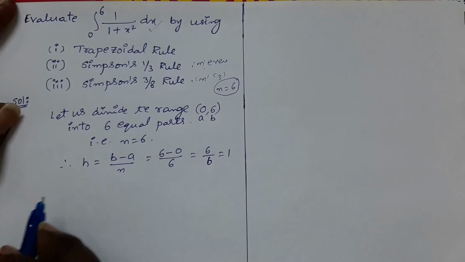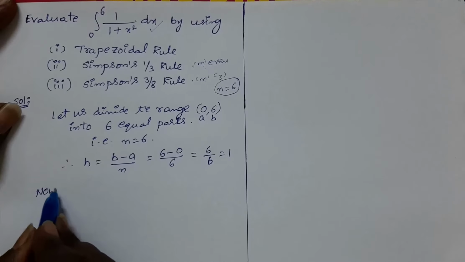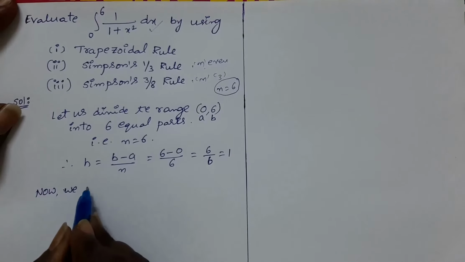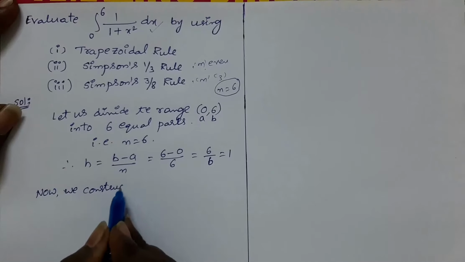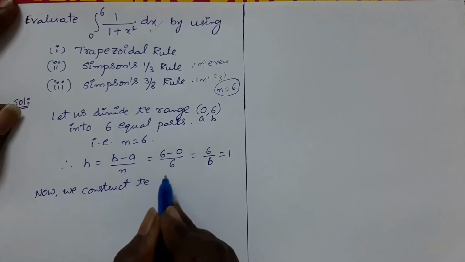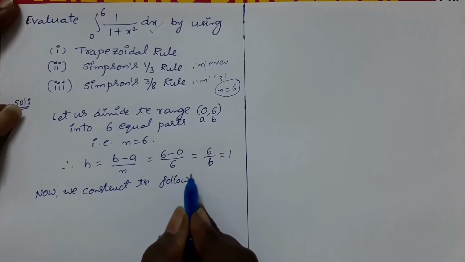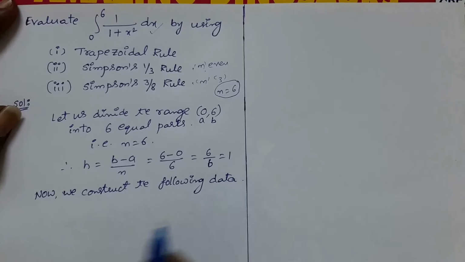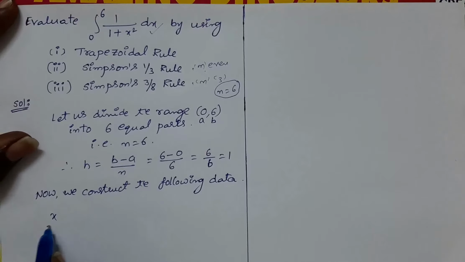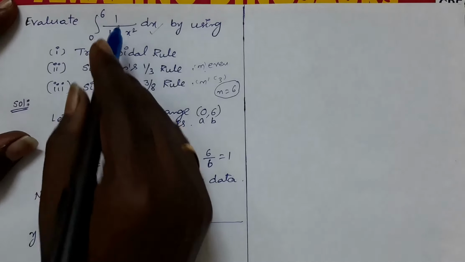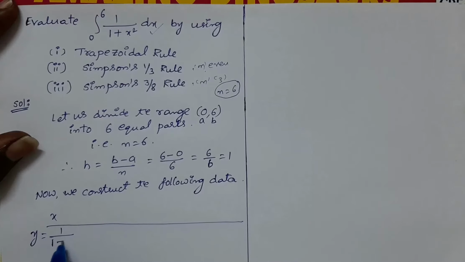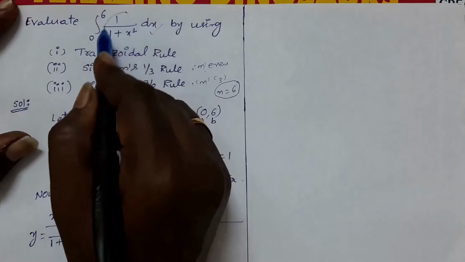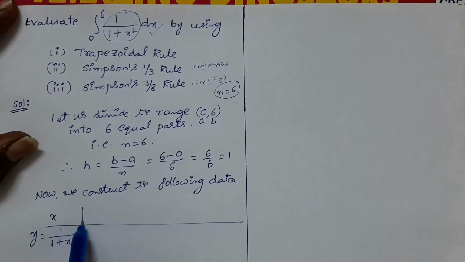Now we construct the following data with interval difference 1. First write the x values and after that write the functioning values. Here our function y, otherwise f of x, is 1 by 1 plus x square. This integrand function is known as the given function.